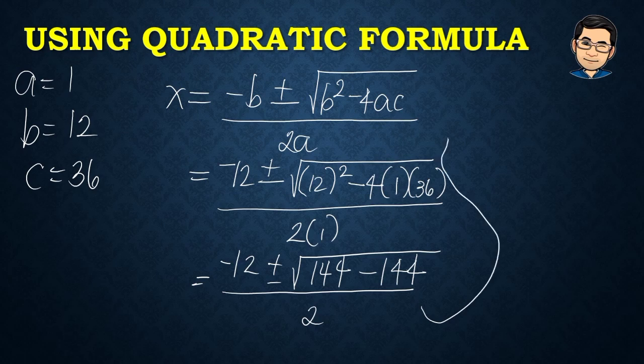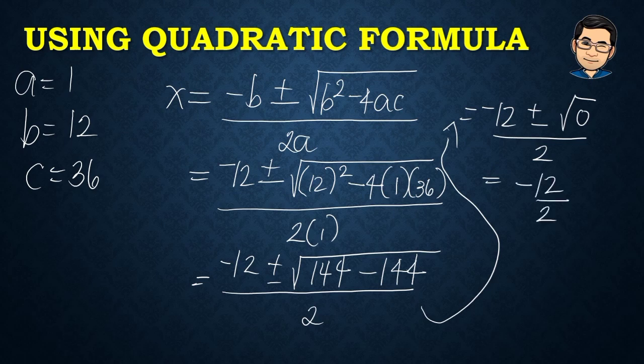So, rewrite natin siya dito, is equal to negative 12 plus negative the square root of 0 all over 2. Okay, so the square root of 0 is 0. So, magiging ganito na lang siya, negative 12 over 2. So, the value of x sub 1 is equal to the value of x sub 2, which is negative 12 over 2, negative 6. So, as you can see, yung x sub 1 natin and then x sub 2 natin, parehong may value na negative 6. It's because yung ating discriminant ay 0.